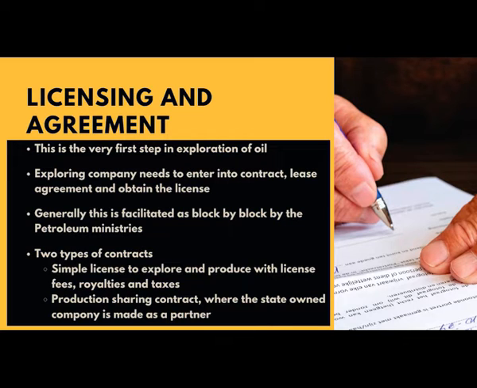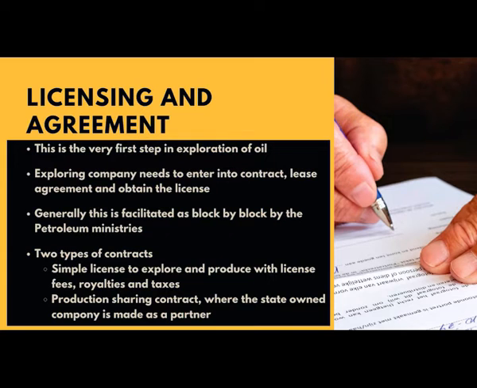The exploring companies, which are called upstream companies, need to enter into a contract with the government in a particular country. Most of the time, the Ministry of Petroleum in the respective countries will be the nodal agency who will be entering into contract with the exploring company. And there are two types of contracts for the exploring companies.